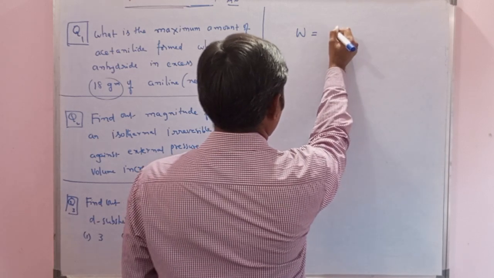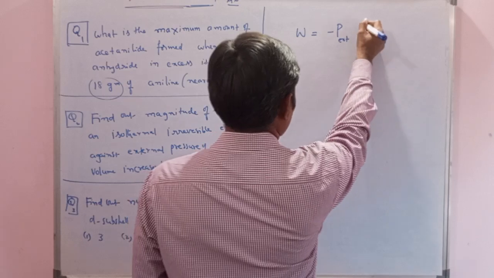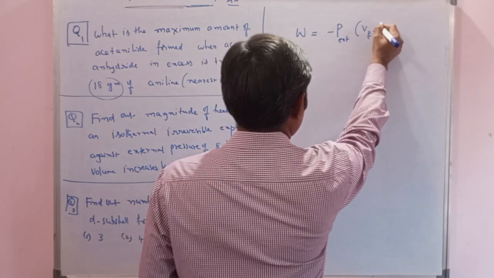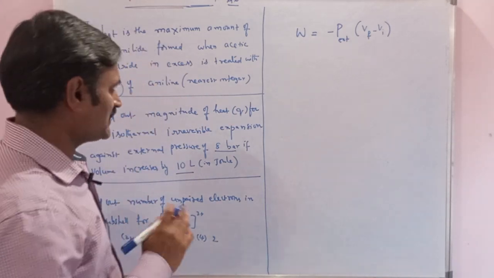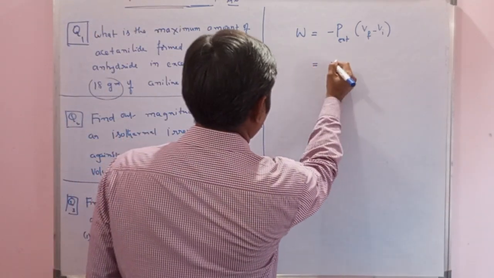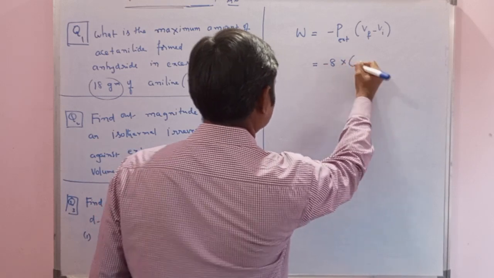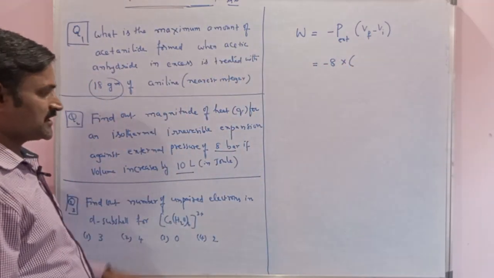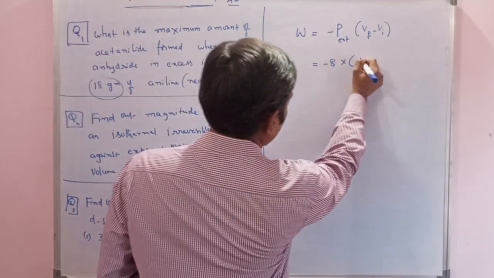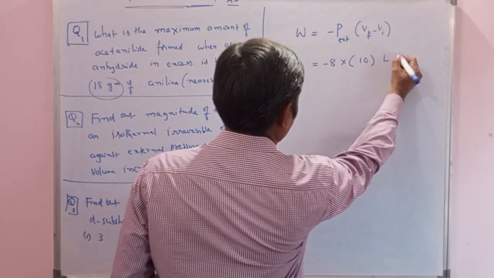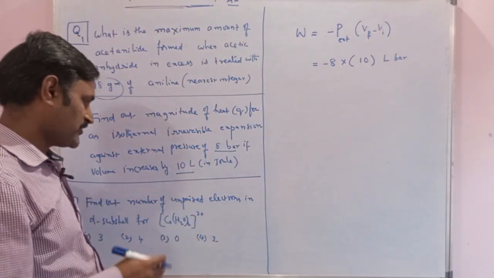Work done equals minus P external into V final minus V initial. So pressure given in the question is 8 bar, minus 8 into volume increased. Initial is not given, so initial is 0, final is 10, so we will take 10 liter bars, or liter atmospheres.